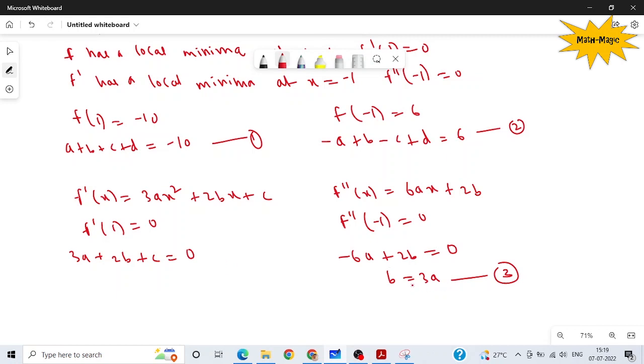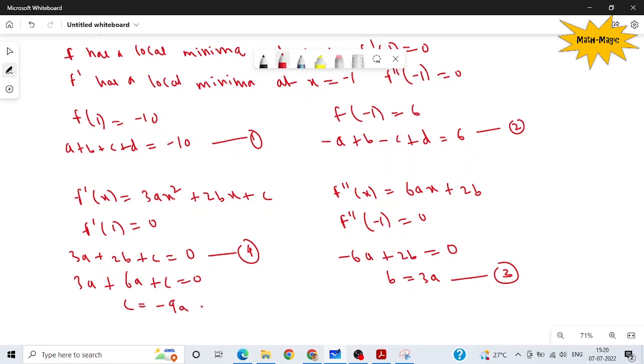Now we can substitute b equals 3a in equation 4. So what are we going to get? The b will get replaced with 3a, and then we are going to get the c value in terms of a. So we get 3a plus b value is 3a, so it becomes 6a plus c equals 0. So the value of c is minus 9a.